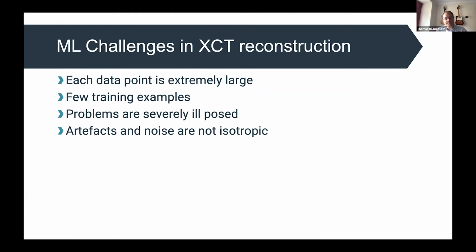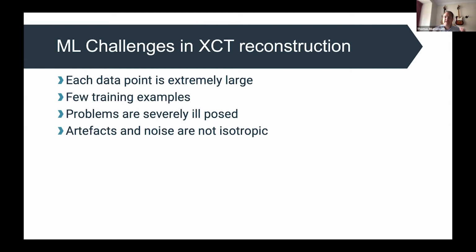One thing I always think is really important to bear in mind in X-ray imaging, compared to your MNIST or CIFAR databases that are typically used in machine learning: in X-ray imaging, you have very large data points. You don't have just images that are 100 by 100, or 200 by 200. They are 2,000 by 2,000 by 2,000, and these are the small images. So you have very large data points, but you tend to have very few of them.